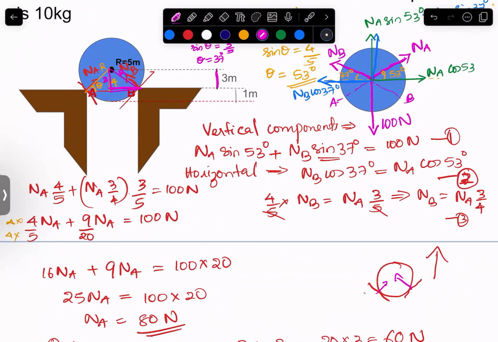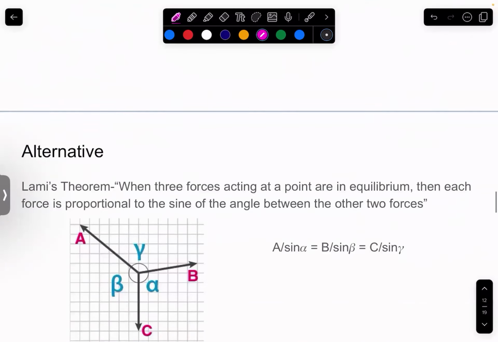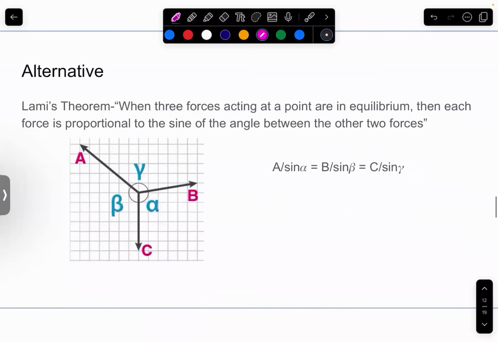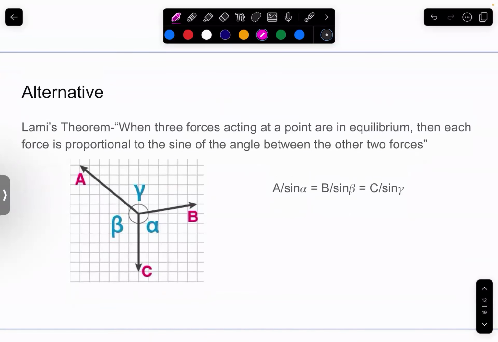Now here there is another interesting theorem, called Lamy's theorem. Lamy's theorem says when three forces are acting at a point and are in equilibrium, then each force is proportional to the sine of the angle between the other two forces.